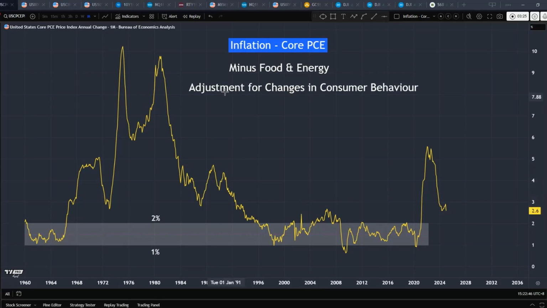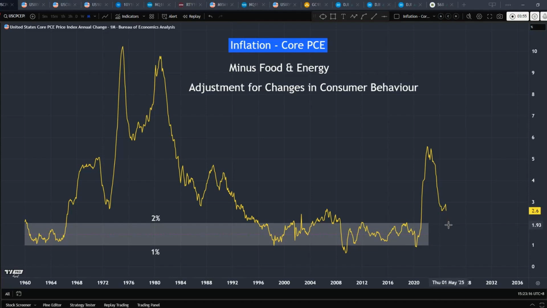We can see that the Core PCE in the 60s, before the high inflation in the 70s and 80s, was almost on track between 1 and 2%. And even in the 90s and the roaring 21st century, the inflation data mostly stayed in this band between 1 and 2%. Today it is at 2.6%, still a little bit far off from the 2% target.